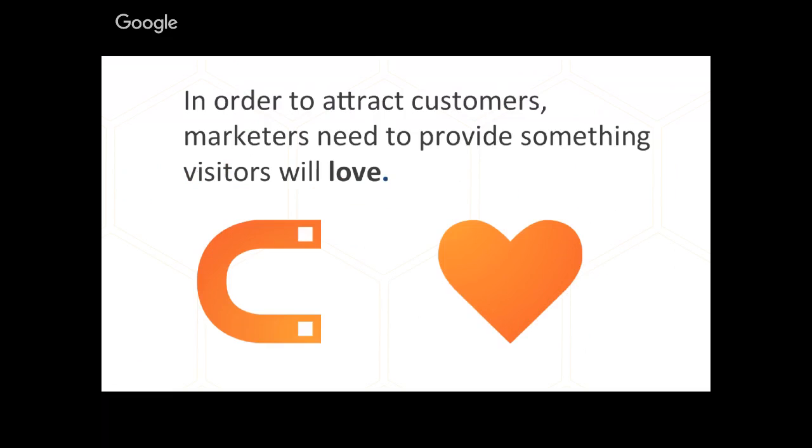In order to attract customers, then, marketers need to provide something that visitors will love. So as you think about what marketing is and what you do, it's less about us shoving things into people's faces or trying to steal people's attention in the hopes that you're going to get some sort of response, and more about being as useful and as helpful and as engaging as possible.